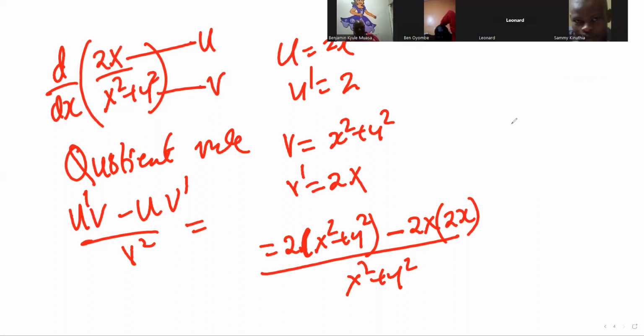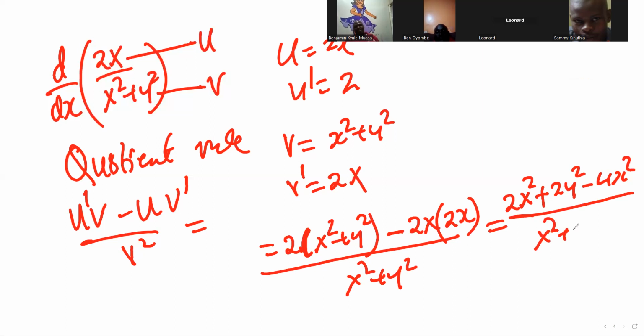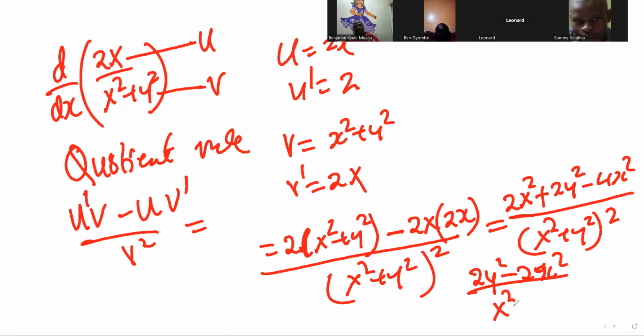Then when you expand, this becomes 2x squared plus 2y squared minus 4x squared. Are we going to square the whole denominator? Yeah, we square. So you're going to have y squared minus 2x squared over x squared plus y squared, then you square there. You see that one? Yes.